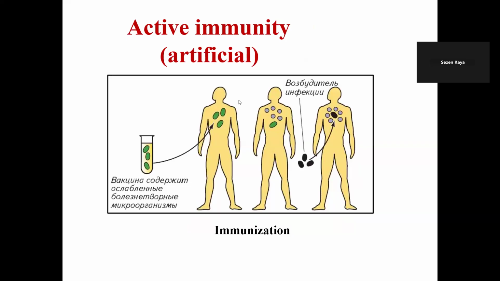By the same method, or on the basis of this method, we have active immunity, or vaccination. When we use vaccinations, usually there we have a weak antigen or parts of bacterial or viral segments.